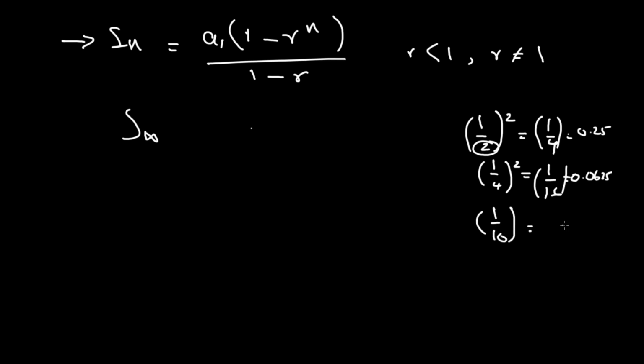If I got this one and squared it again, I'll get an even smaller number, meaning that if I continued up to infinity, repeating this process, I'm going to get very close to 0. Almost 0. So this will become 0.